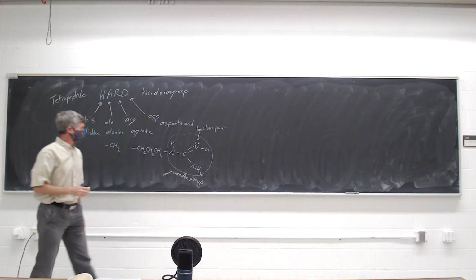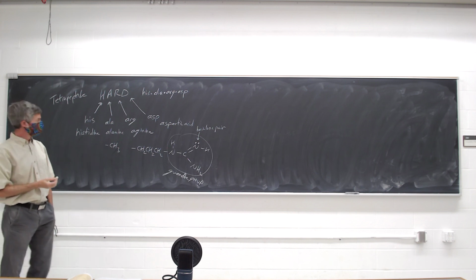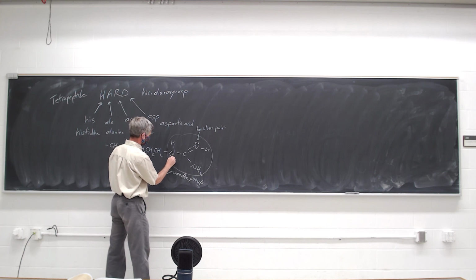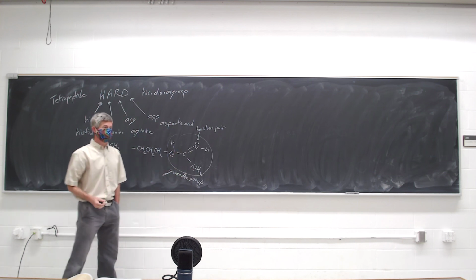That lone pair is the basic pair. It's the one that's attached to the pi bond, because if you protonate that, you can then resonate onto the carbon and all 3 nitrogens.